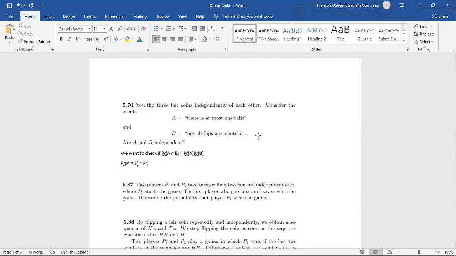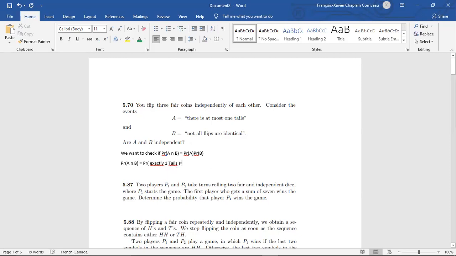So this is the probability of having exactly one tail. If I have at most one tail, then either I have none or one. But the case where I have none is not allowed, because otherwise I would have only heads. So this intersection actually boils down to the probability of getting exactly one tails.